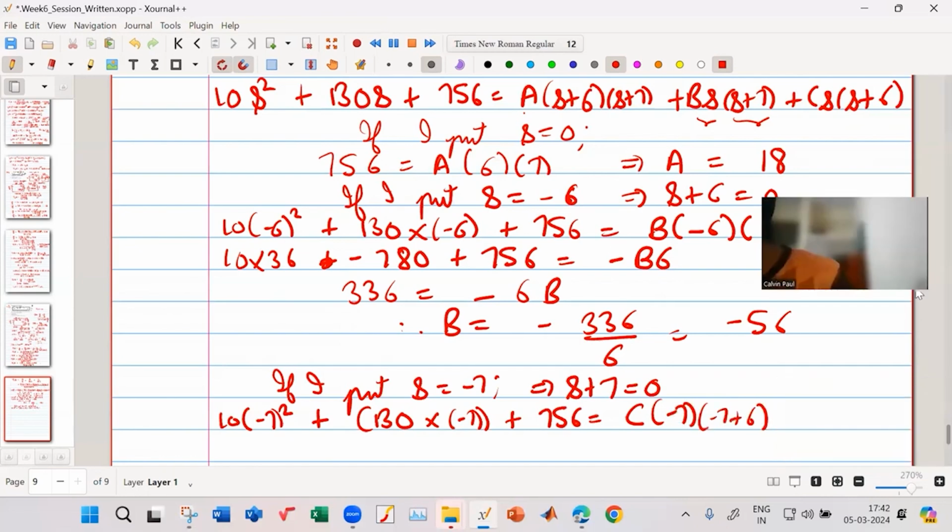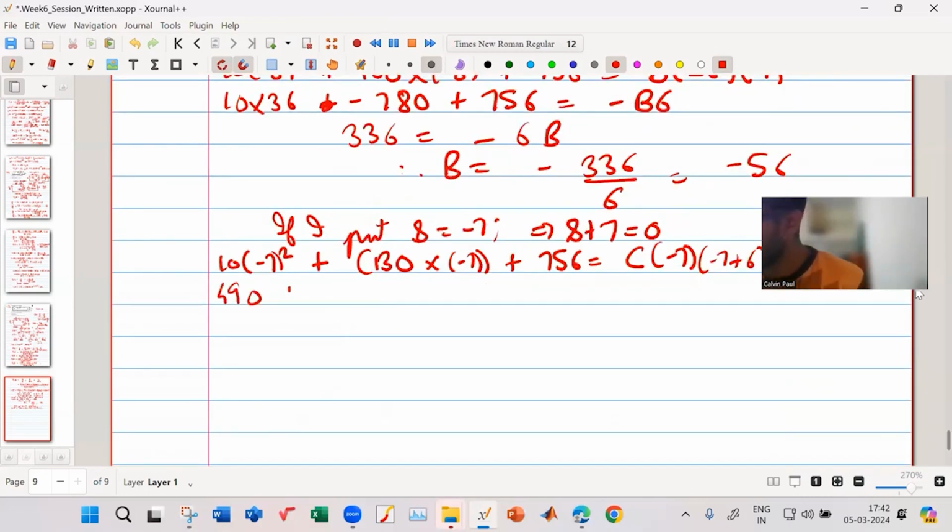So that will turn out to be 490. What is 130 into minus 7? 910. So that will become 490 minus 910 plus 756 is equal to C into minus 7 into minus 1.